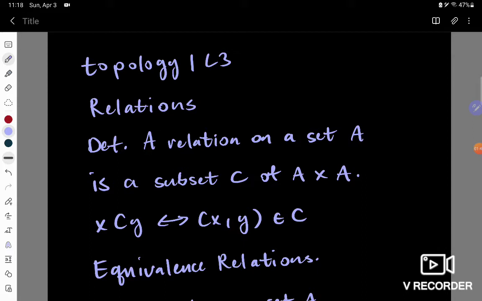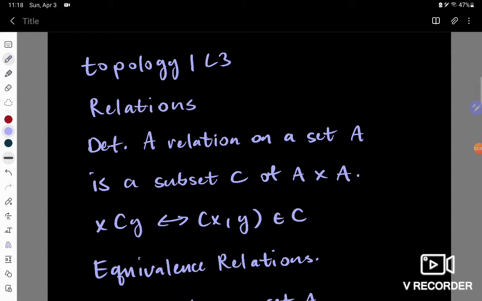A relation is a more general form of a rule of assignment, because those rules had the additional criterion of being well-defined, but relations are more general and their construction is less strict, so to speak.